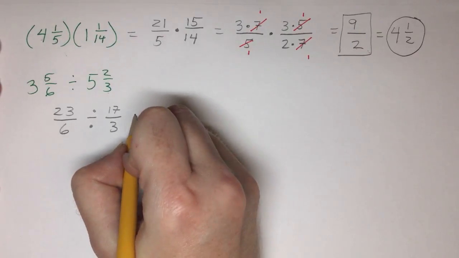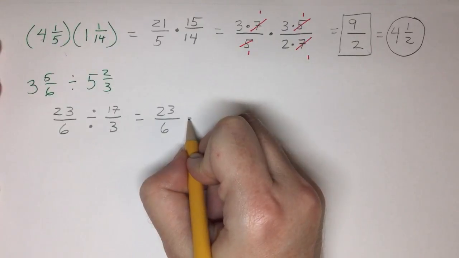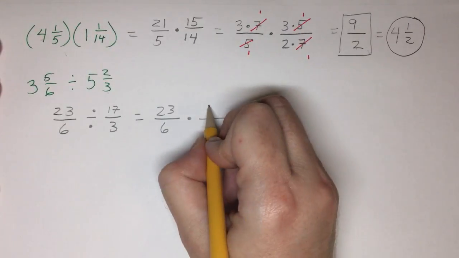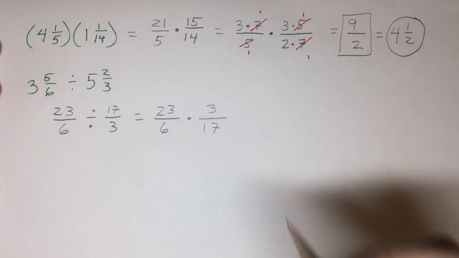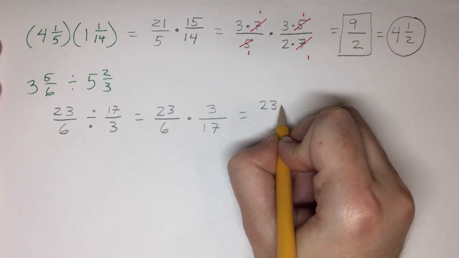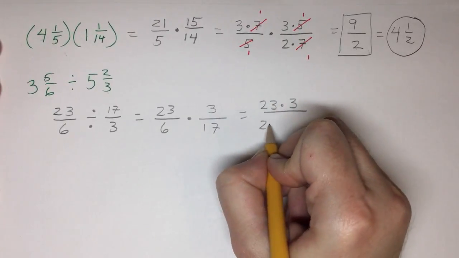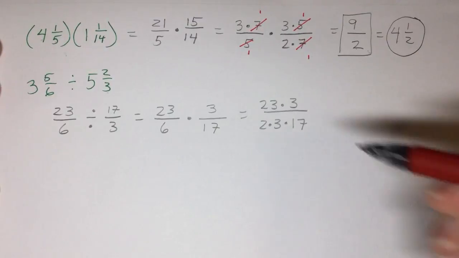To divide two fractions, well, I don't divide, I only multiply. I keep the first the same, and to divide, I multiply by the reciprocal of the second. Multiply numerators, multiply denominators. 23 is prime, 3 is prime, 6 is 2 times 3, and 17 is prime.